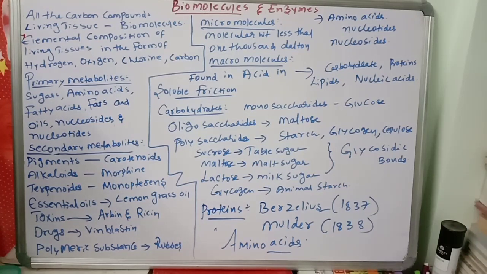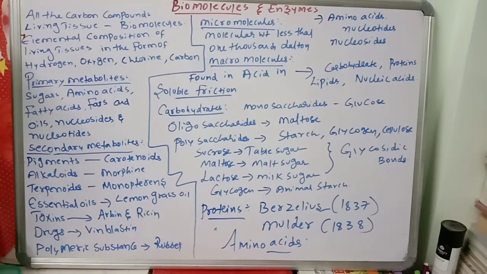So how do we analyze chemical composition? Take one living tissue. We want to know about the molecules of the body. So what do we have to do? We have to take one living tissue, grind it, and add an acid, one acid you know very well. What is it? Trichloroacetic acid.